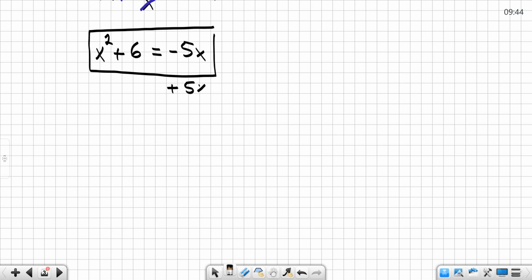I will add 5x to both sides, and the equation that I will get right now is x squared plus 5x plus 6 is equal to 0.